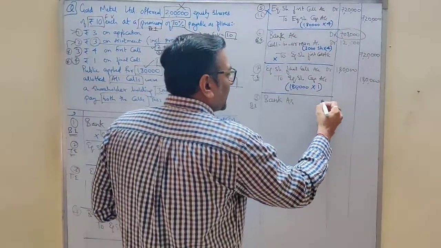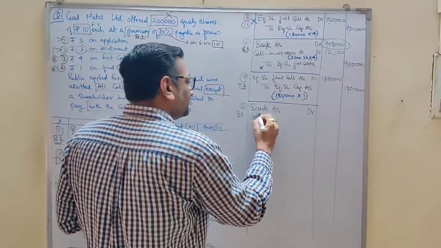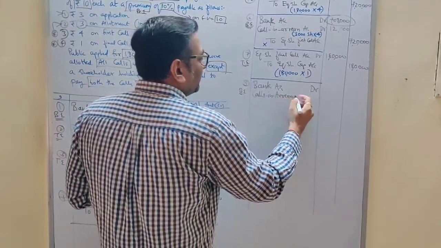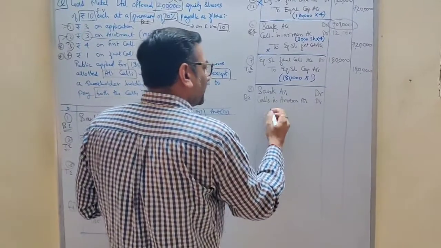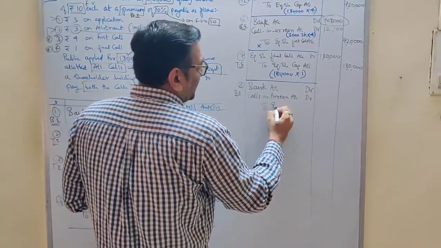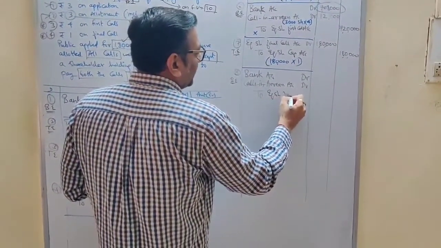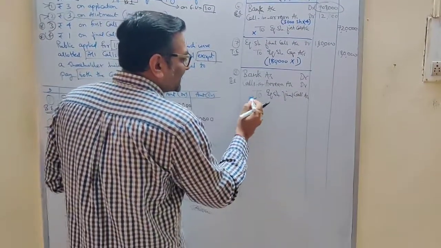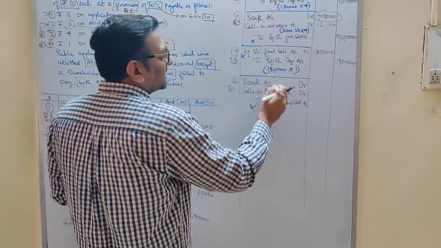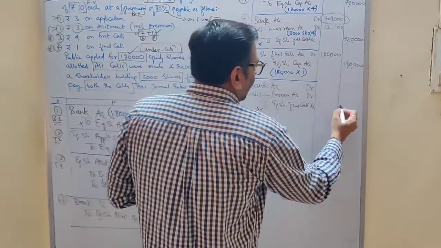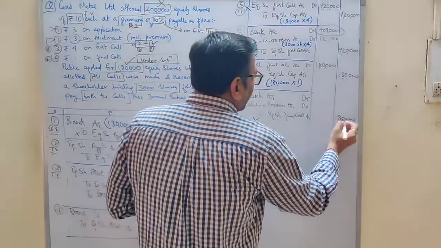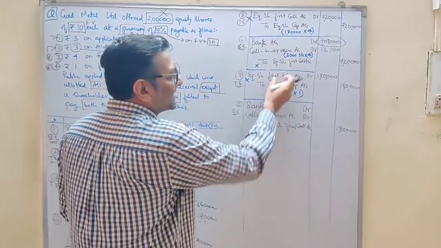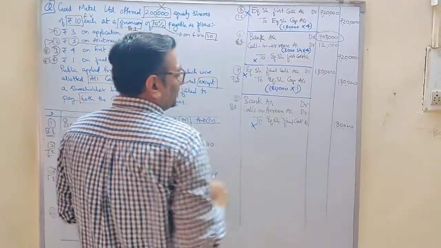Bank account debit, calls in arrears account debit to equity share final call account. As I want to cancel this, I am going to write the same amount, 1,80,000. We have to write same amount, then only final call will get cancelled completely if you write same amount.